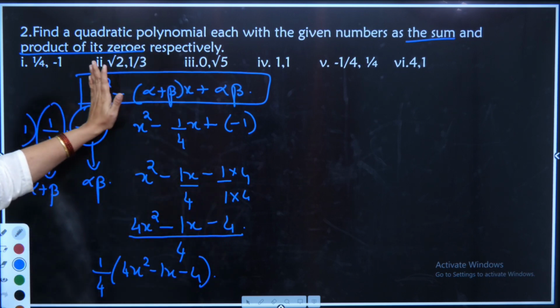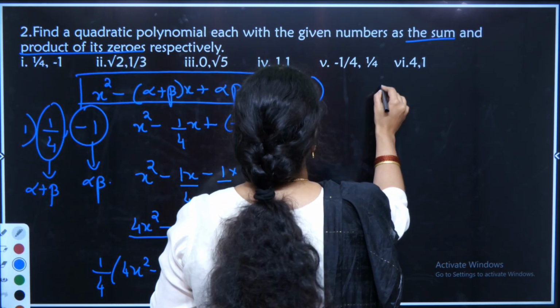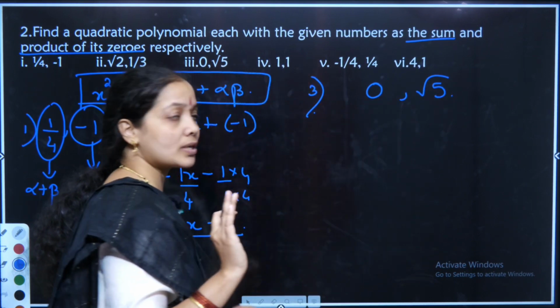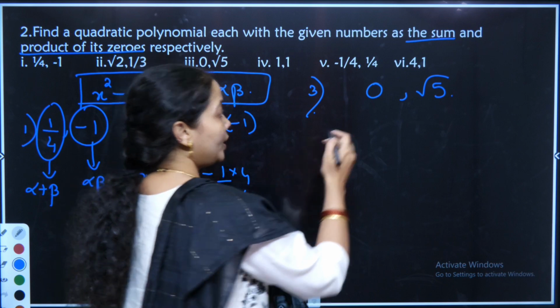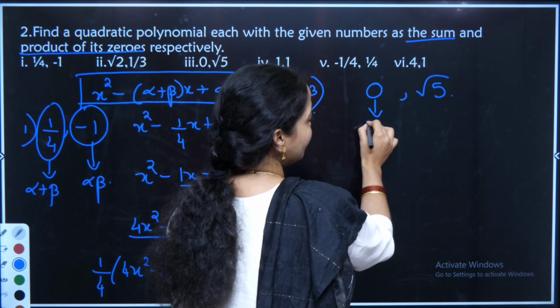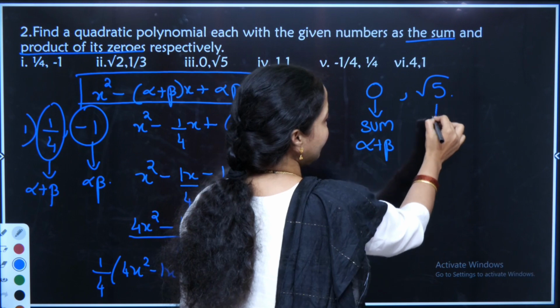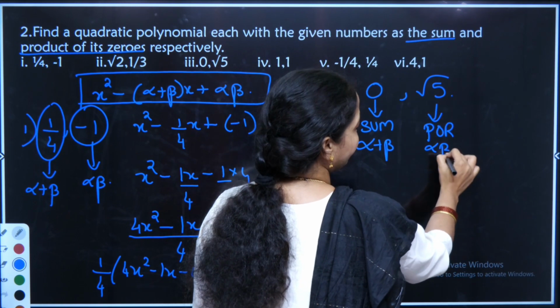So I'll just go to the third question here. In the third question, 0 and root 5 is given. So now you tell me, what is 0? Is it the sum of roots or the product of roots? So we will analyze the first term as the sum of roots, which is alpha plus beta. The second term is given to be the product of roots, which is alpha into beta.